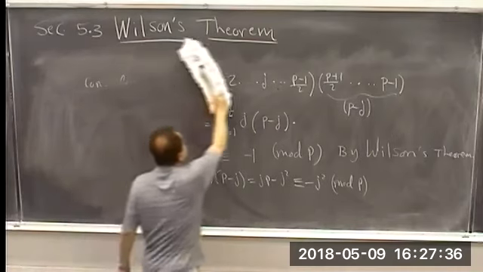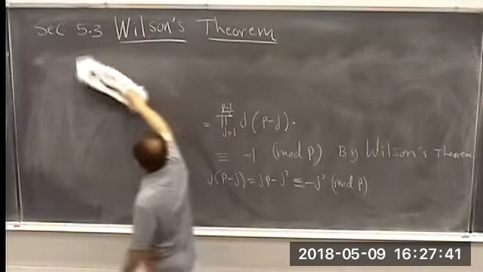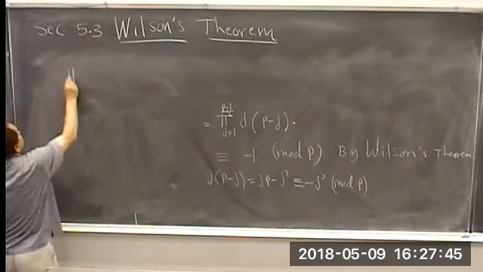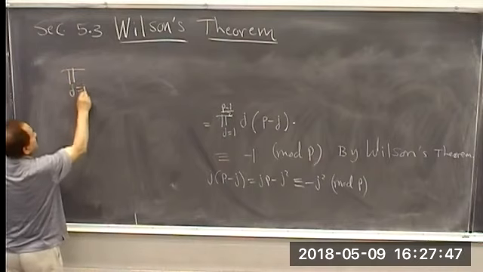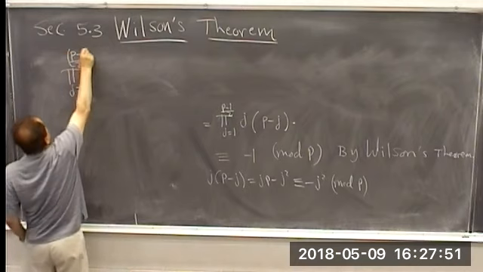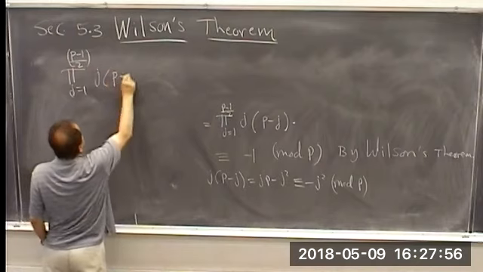All right, well, let's put this in the product and see what it would be. So now let's consider the product for j equal 1 to (p minus 1) over 2 of j times (p minus j).